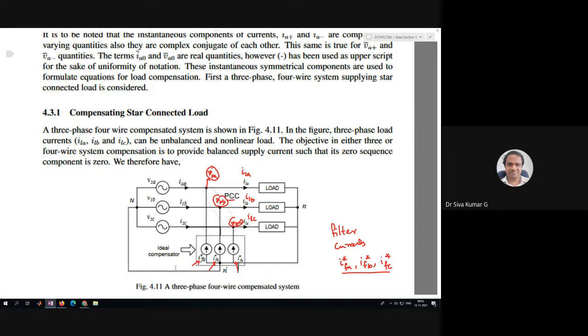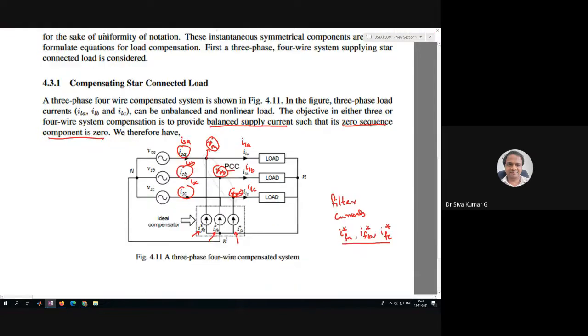One thing is that the currents ISA, ISB, and ISC are required to be balanced supply currents, such that the zero sequence component will be zero.